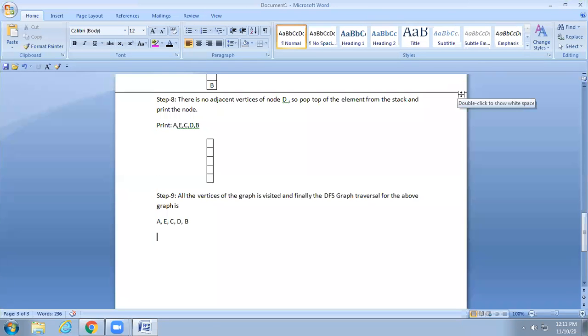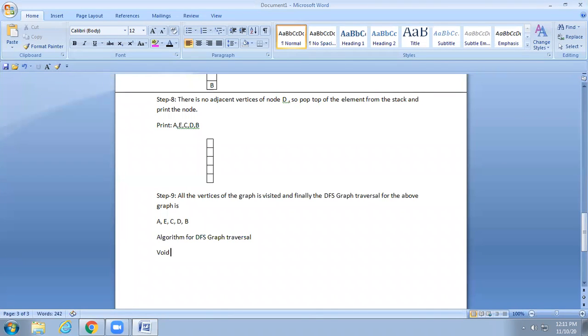So now we'll discuss the algorithm for DFS graph traversal. So what is the algorithm for DFS graph traversal?